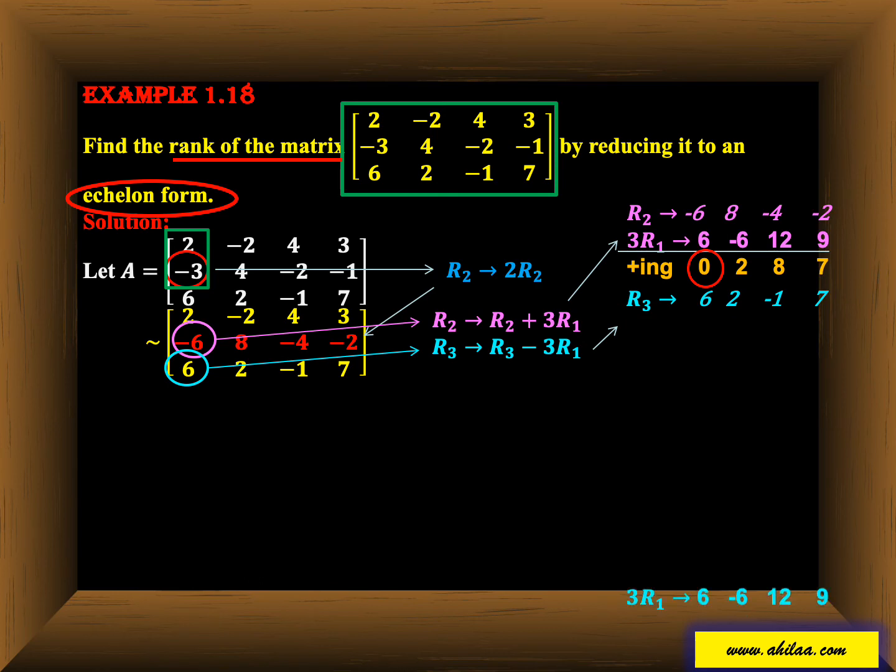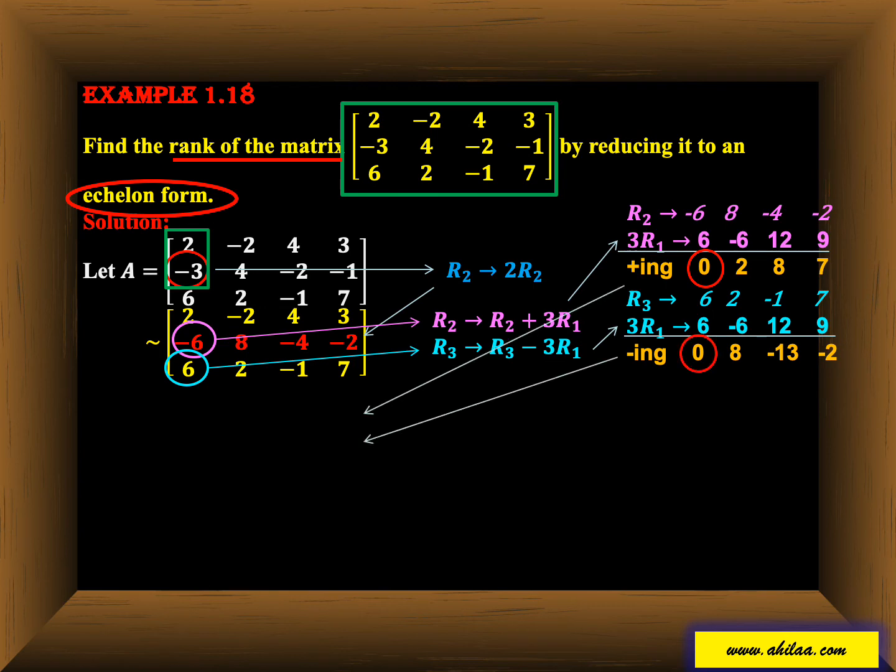R3 values are 6, 2, minus 1, 7. 3 R1 are 6, minus 6, 12, 9. Now subtracting, I get 0, 8, minus 13, minus 2.